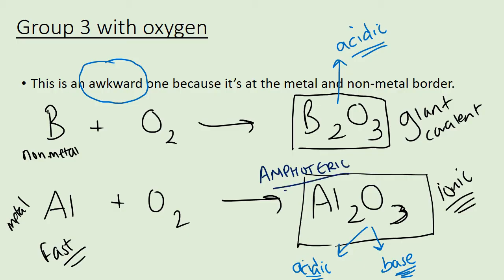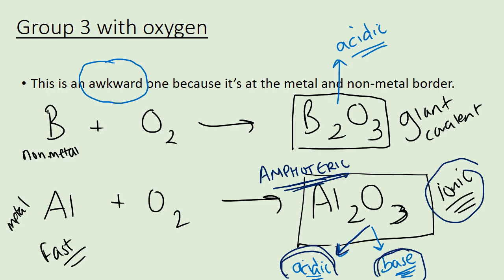So aluminium oxide is amphoteric. That means it acts as both an acid and a base, which is very, very rare. Okay, so in your revision card for aluminium, it's a fast reaction with oxygen, forms aluminium oxide, which is an ionic substance, and aluminium oxide is amphoteric, which means it acts as an acid and as a base.